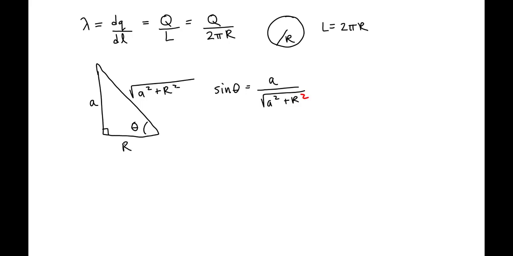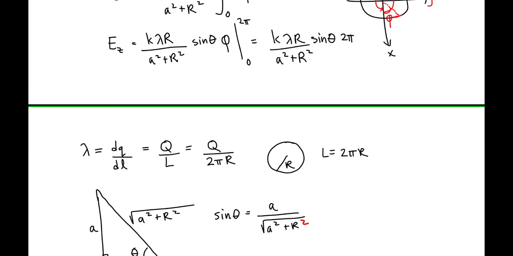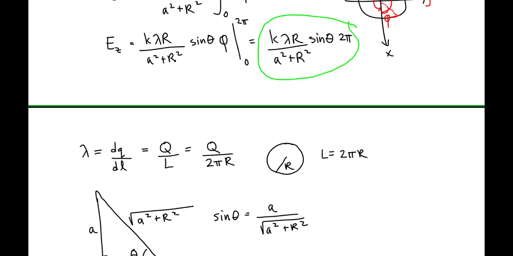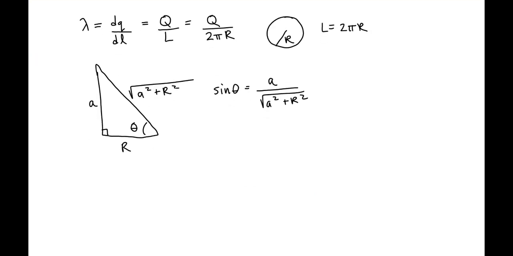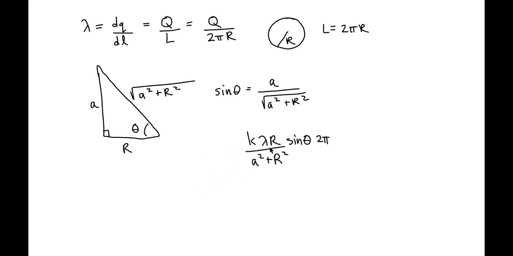Well, putting all of that together, let's copy this line from above. Putting this together, we have the electric field along the z-axis is equal to k lambda r over a squared plus r squared times sine theta times 2 pi.